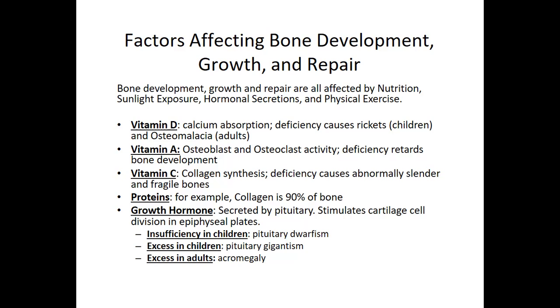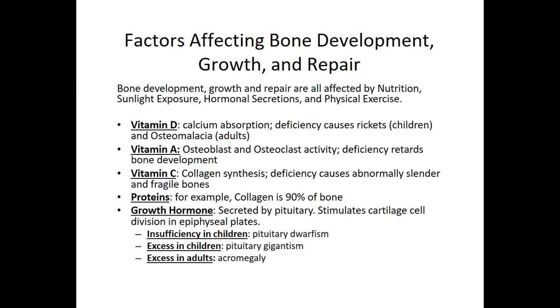But the pituitary is called the master gland, and the reason why it's called the master gland is because the pituitary itself secretes several different types of hormones that control other glands throughout the body. One of those is growth hormone. Growth hormone does just like it says, it is a hormone that is responsible for helping the body to grow.